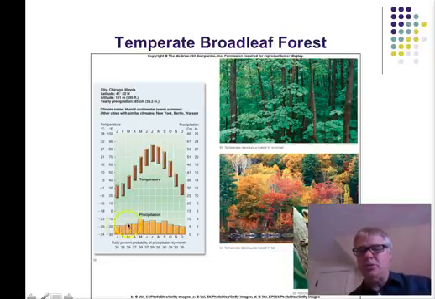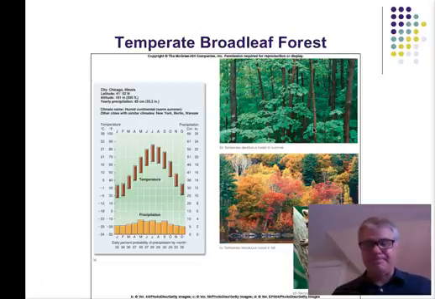Precipitation-wise, they have between 2 and 4 inches each month, with a little bit more in the summers. And when you get that kind of precipitation and temperature situation, this is the kind of forest you get: a broadleaf forest, oaks, maples, that kind of thing.